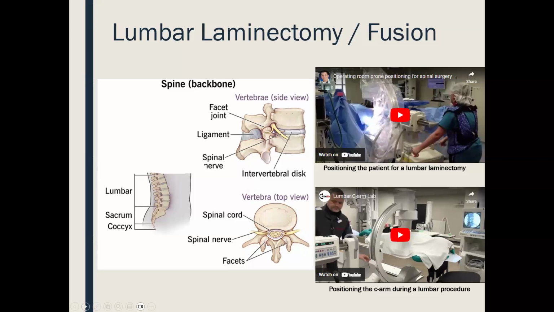You will notice when you watch this on your own, because I'm not going to play it here tonight, he moves the table up and down. He puts the patient, or himself actually, in Trendelenburg. He can tilt the table to the right or to the left. So in addition to having a C-arm that can do that, you also have some flexibility with the table itself.